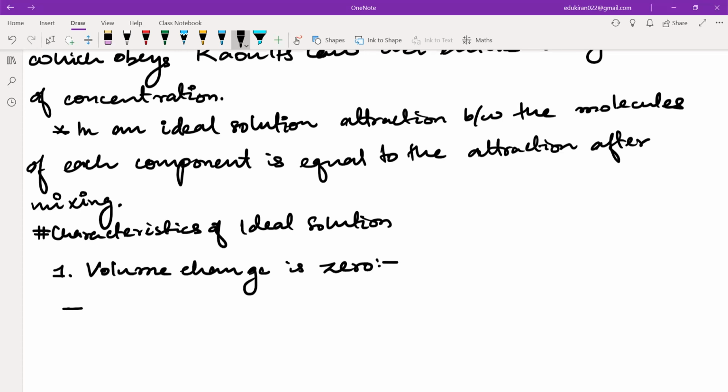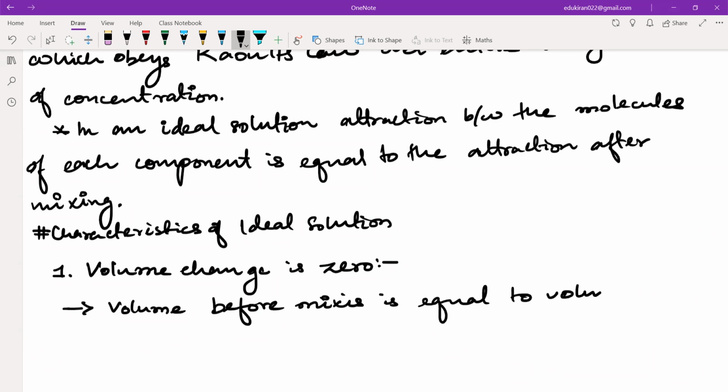What does it mean? It means that volume before mixing is equal to volume after mixing.